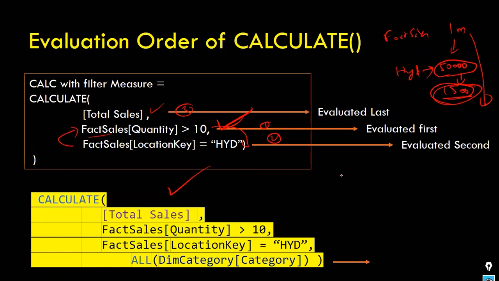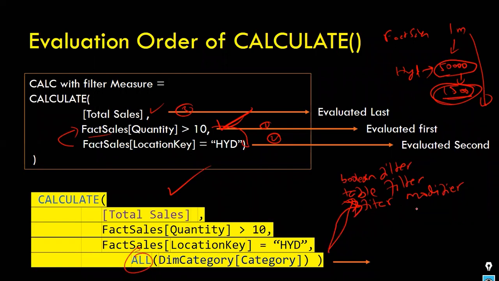You remember we discussed about the Boolean filter, and then we discussed about the table filter. And then the next one is the filter modifier. I'll just put the arrow like this. The ALL function is your filter modifier.